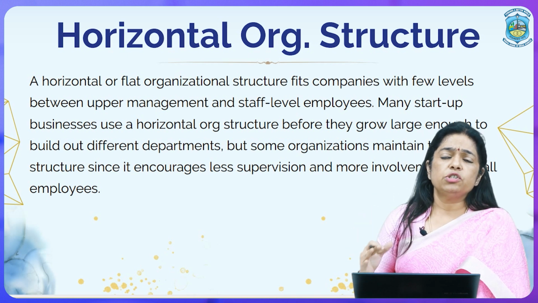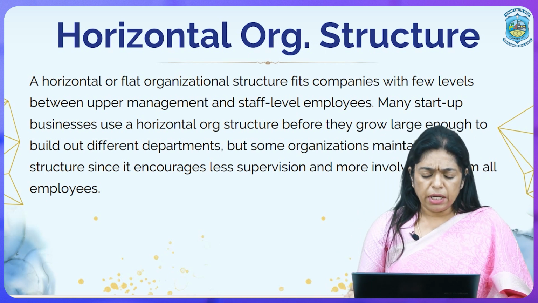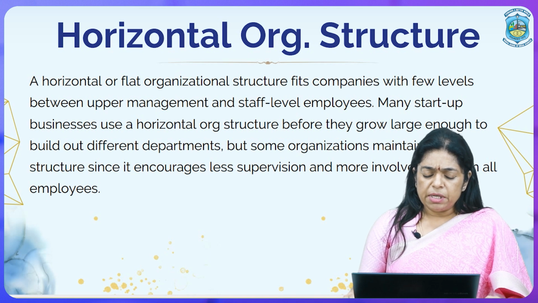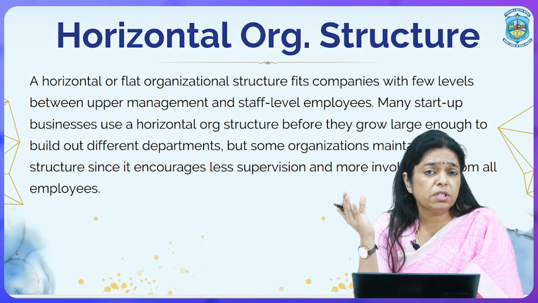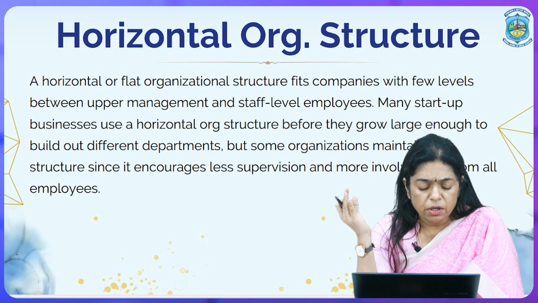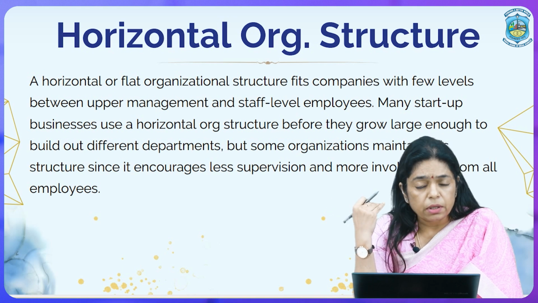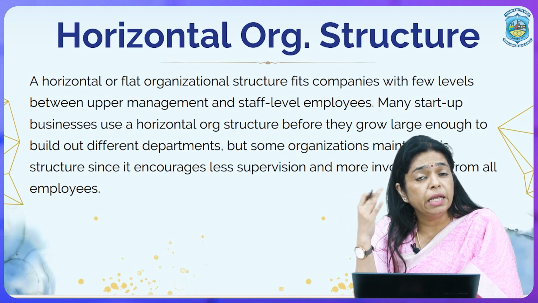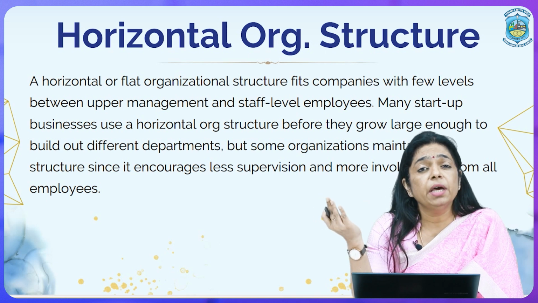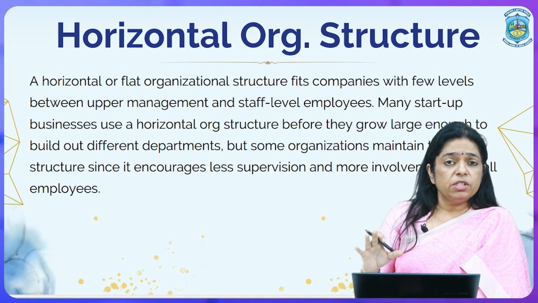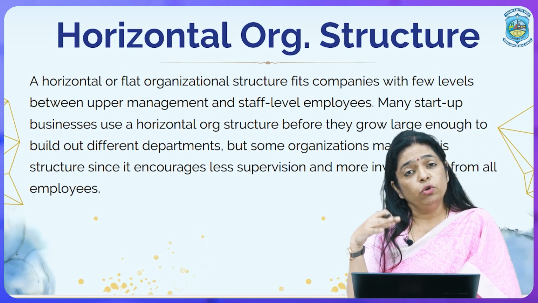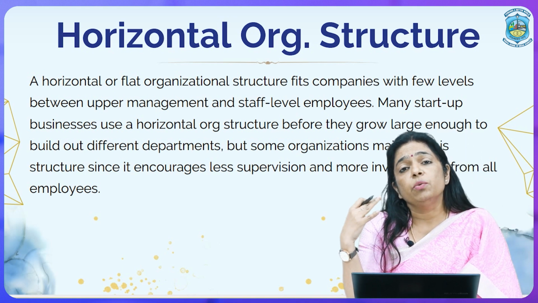So, this structure is most commonly used in startup companies basically, or so to say those companies which are not large enough. When they have to scale up, they may probably have to use a different organization structure, right.